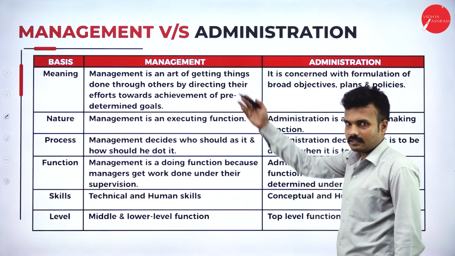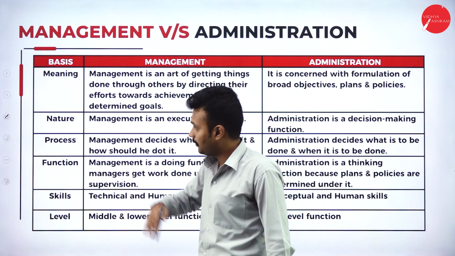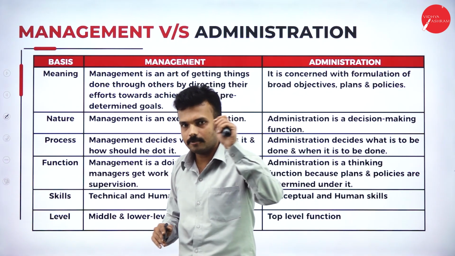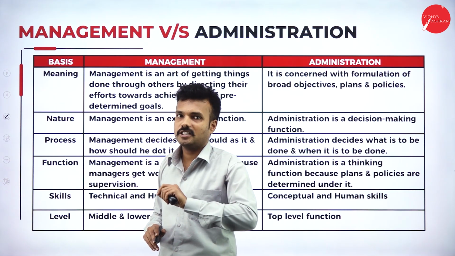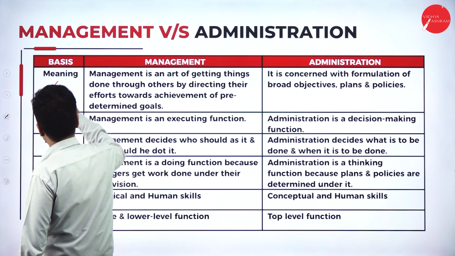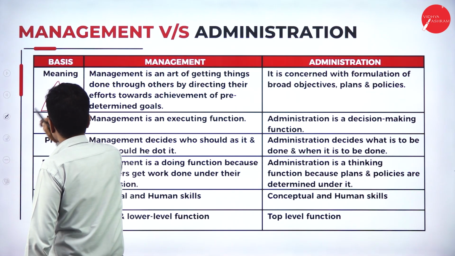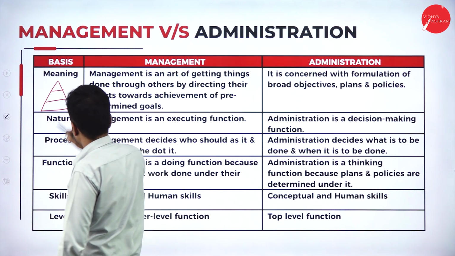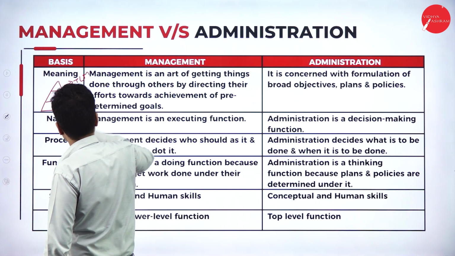Moving forward, the difference between management and administration. Before going to the concept, let us know what we mean by management and where it is found, and what we mean by administration and where it is found. So as we know, the pyramid of management consists of three levels of management. The first one is the top level management, top one.